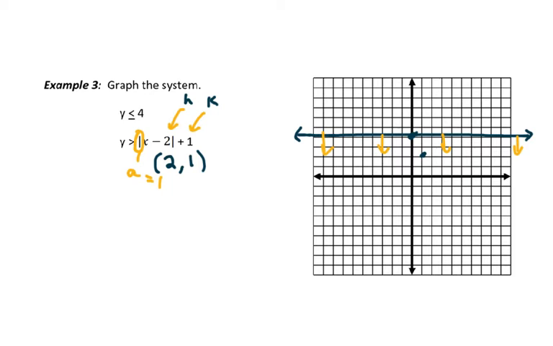I'm going to go from that vertex point up 1 over 1, up 1 over 1, and up 1 over 1. And then I'm going to go back to the vertex point, and I'm going to go up 1 and then left 1, again and again. That's what my V-shaped graph's going to look like. It's going to open upward, like so.